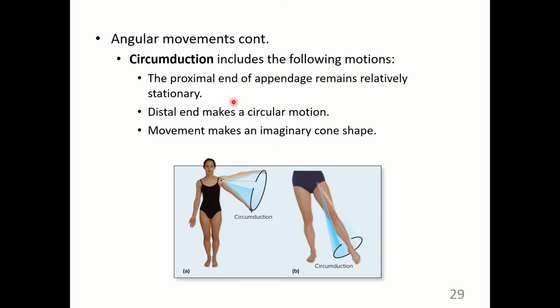It's the proximal end of our appendage where the limb connects to the body. So it is going to remain relatively stationary. The distal end is going to be able to make a circular motion, though, from that relatively stationary, small movement of the ball and socket joint. So it makes this imaginary cone shape.